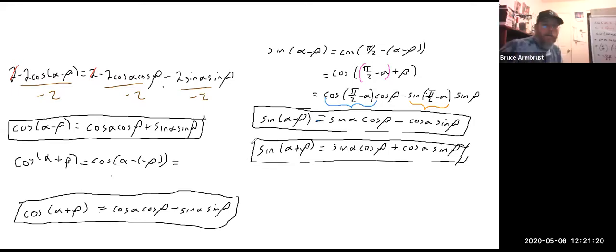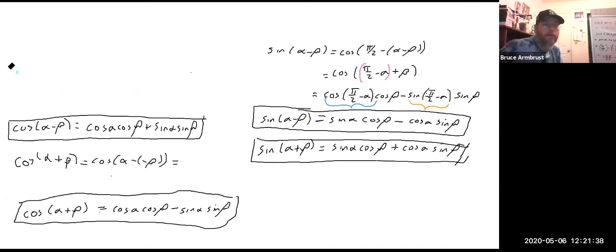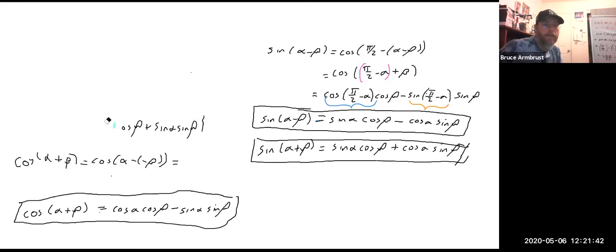All right, so here are those 4 identities. But what I'm going to do, we're going to start kind of over. So let me erase a lot of this stuff. And what we're going to do is we're going to find the tangent of alpha plus beta. And it turns out I'm not going to use the difference of angles identity, so I'm just going to go ahead and erase that as well.